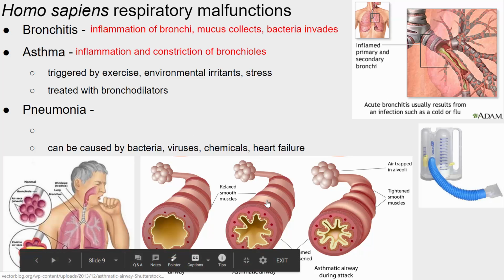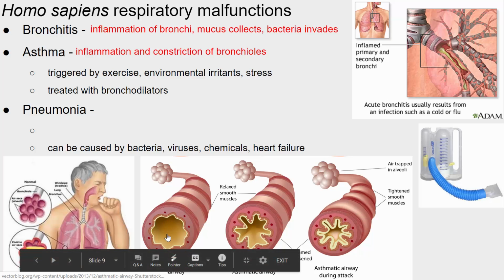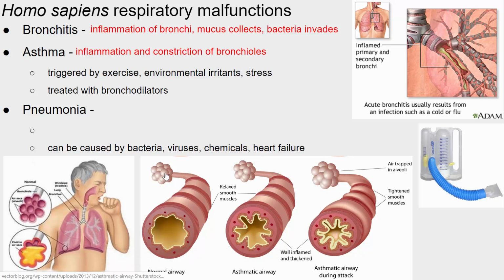Asthma is another type of inflammation, and this happens in those bronchioles, those smaller branches of the lungs. And you can see here that the bronchioles are surrounded by smooth muscle tissue. And when that smooth muscle tissue is relaxed, those bronchioles are nice and wide open, allowing the maximum amount of air to get into those alveoli.